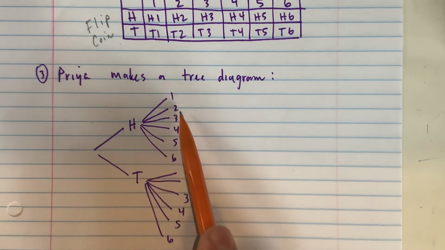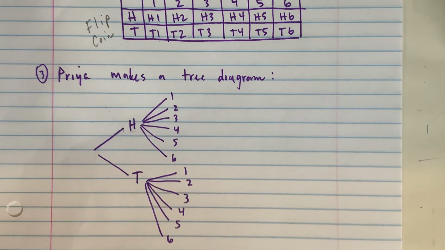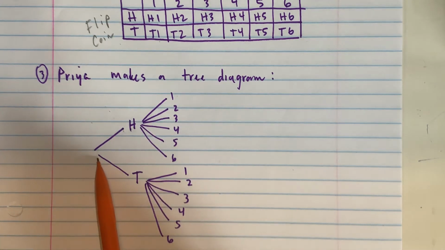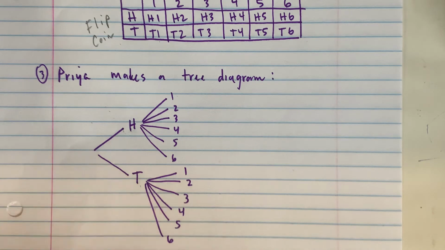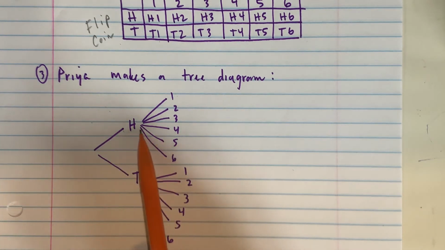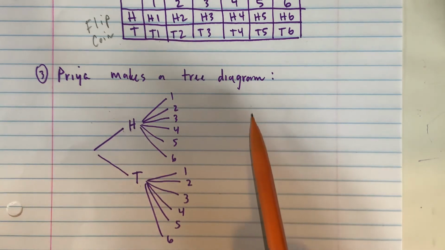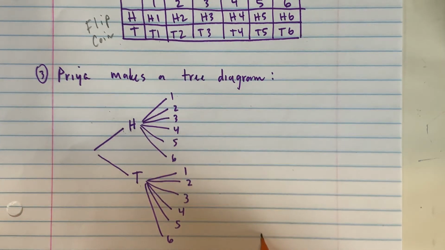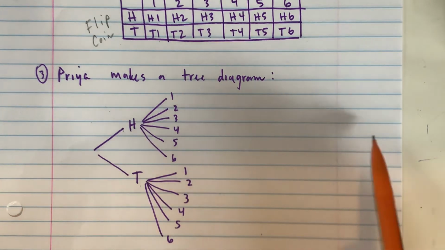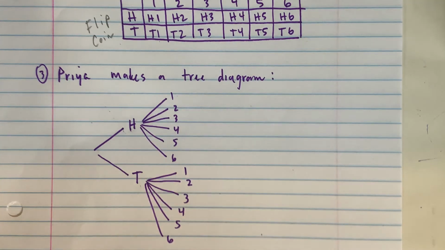You could also roll a 1, 2, 3, 4, 5, or 6, right? And then a tails, and the same idea there, right? And you'll notice if you flip this, like if you were to put 1, 2, 3, 4, 5, 6, and then you were to put heads and tails, you would get the same thing. You would get the same number of outcomes.